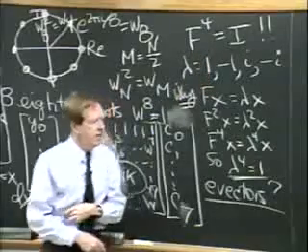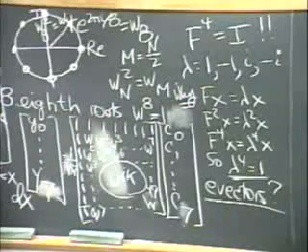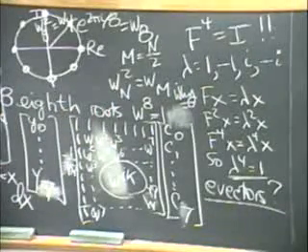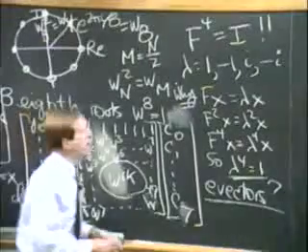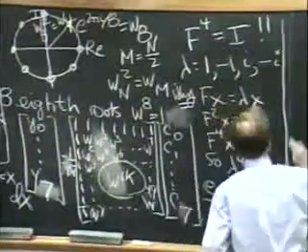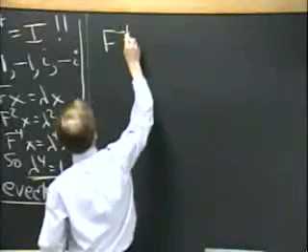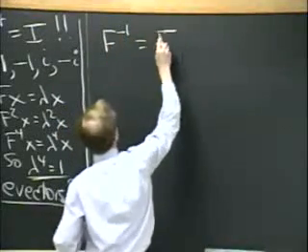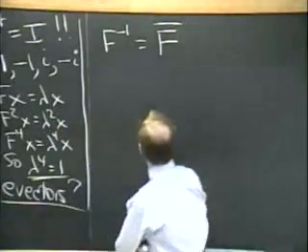The inverse of f is f cubed, but we don't want to deal with the cube. We really want to see the inverse of f, so here's the main point: the inverse of f is the complex conjugate.